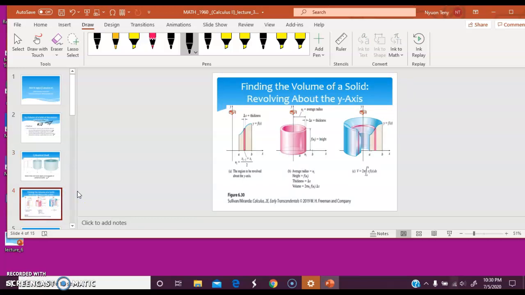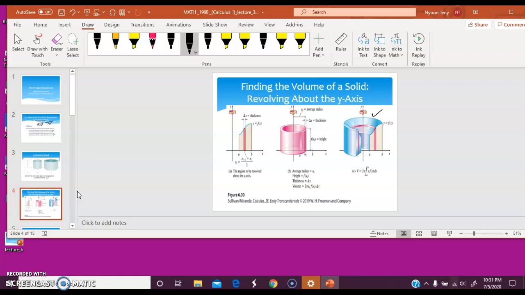So to find the volume of a solid revolving about the y-axis, first, if I revolve this region about the y-axis, I'm going to obtain this solid of revolution.